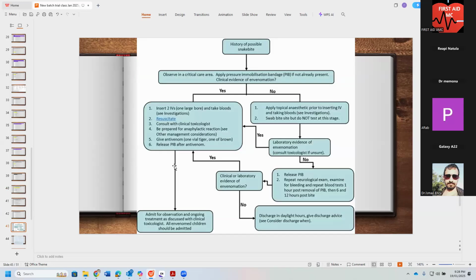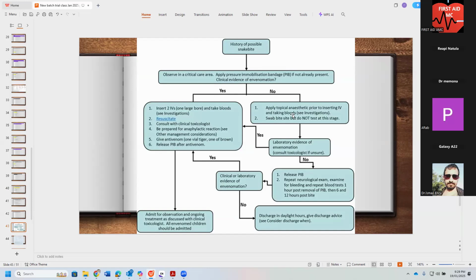It's weird. So after applying the pressure immobilization bandage, we evaluate for clinical signs of envenomation. If you don't have any neurological or hematological signs of envenomation, then you apply topical anesthetic prior to inserting an IV, and we take blood tests: complete blood count, chemistry, and coagulation profile.